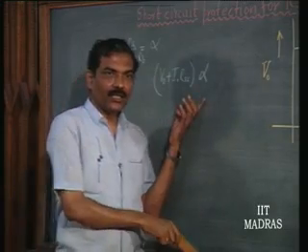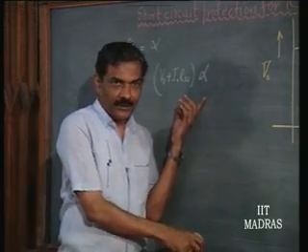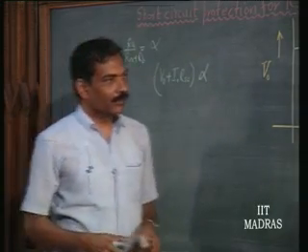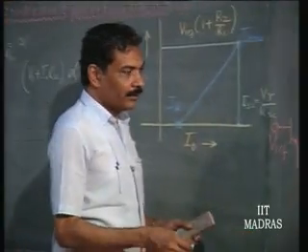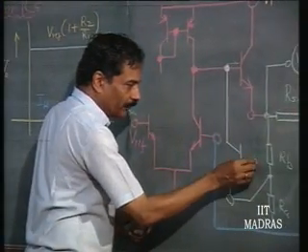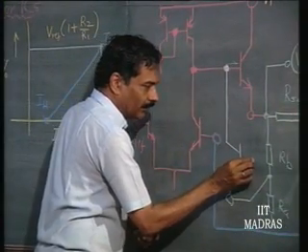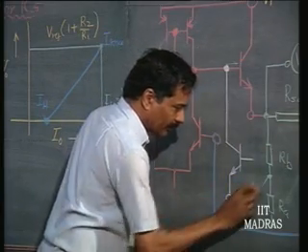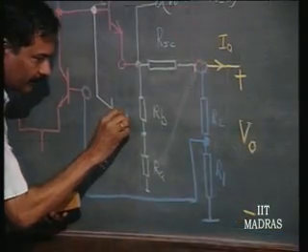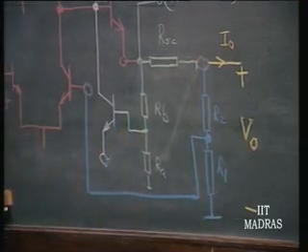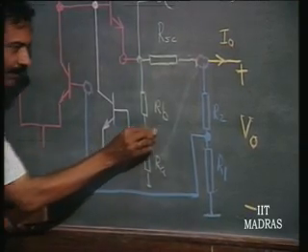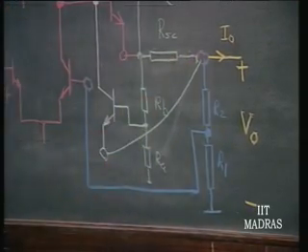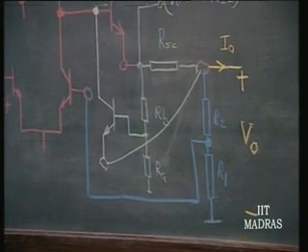That is a small enough voltage which we can use, and that voltage has to be used to bias the transistor in such a manner that the 0.7 volts is still maintained.